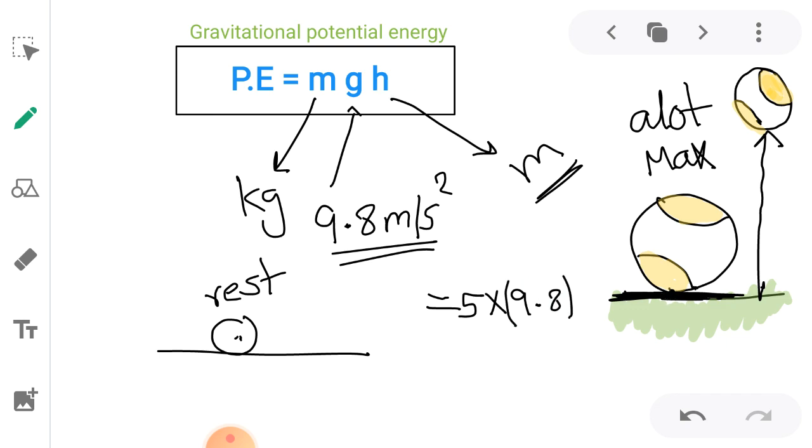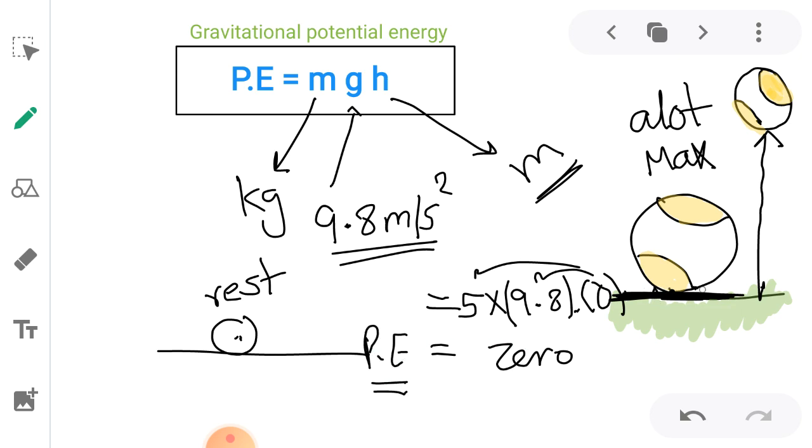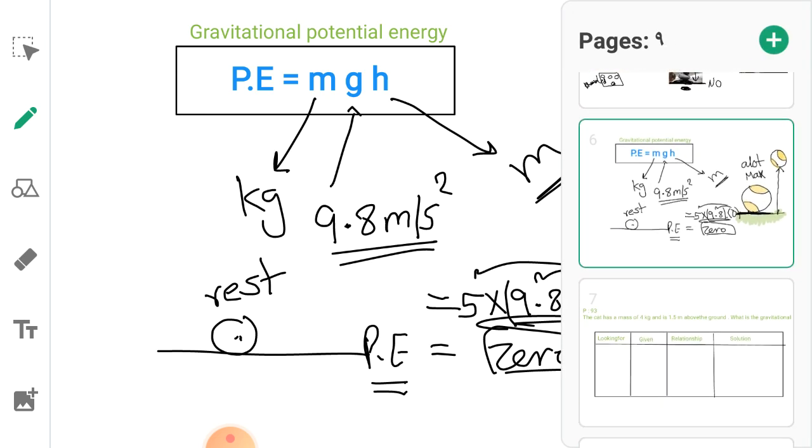And the height: does it have any height from the ground? No, it will be 0. Times 0. So if I multiply all of those numbers by 0, it gives me 0. So the potential energy of the object touching the ground will be equal to 0.